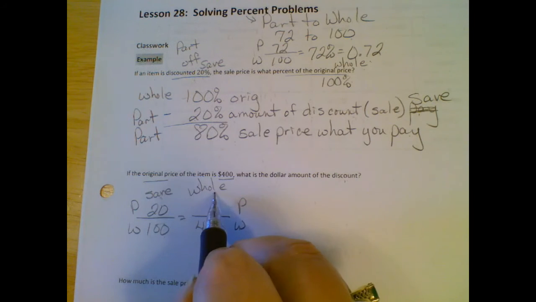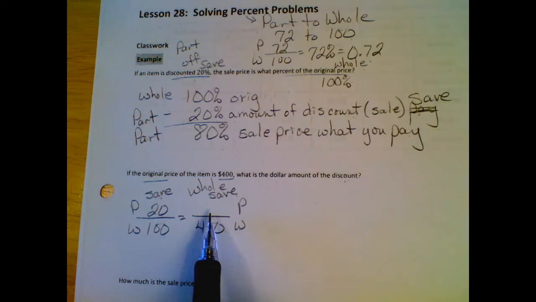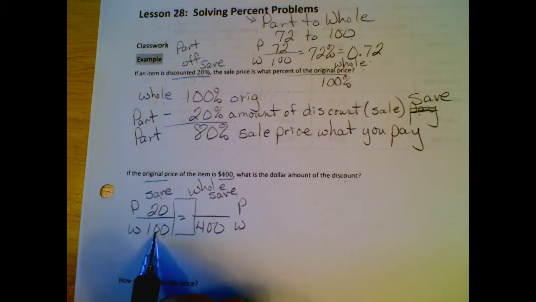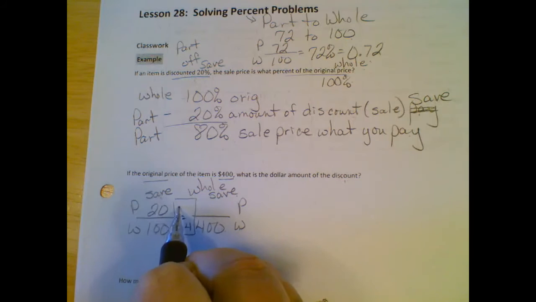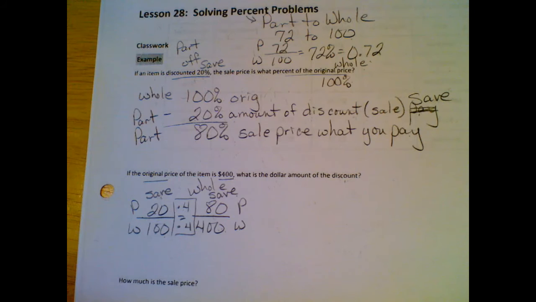So I need to also label very specifically save. This part is what I save. So now I can use my giant 100 times 4 to get 400. 20 times 4 will give me 80, sorry. So 80 is my discount.